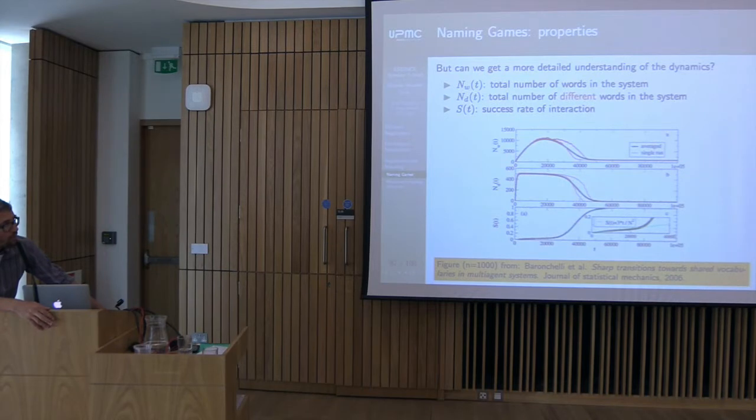The metrics they have are the total number of words in the system, the number of different words, and the success rate of interaction. If agents agree on the term, it is called a success, otherwise a failure. And they compute the success rate at each given timestamp.